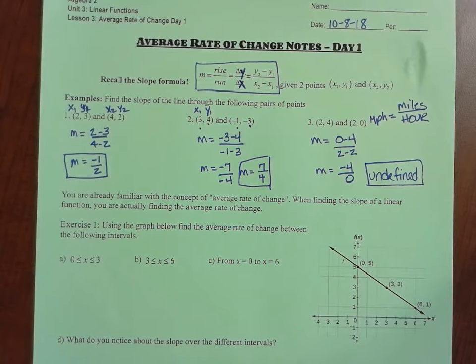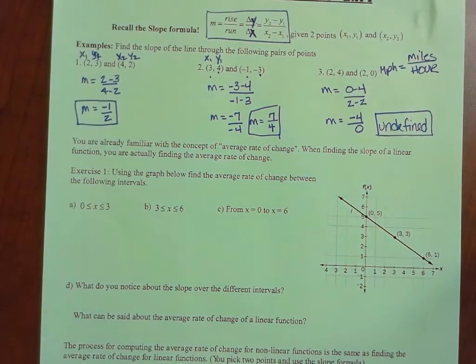That's all speed is, the average rate of change. Okay, does that make sense? So when we find the slope of a linear function, we're just finding the average rate of change.